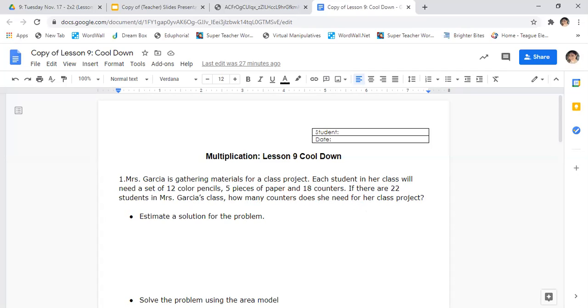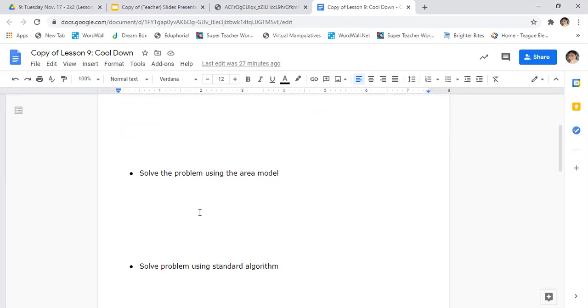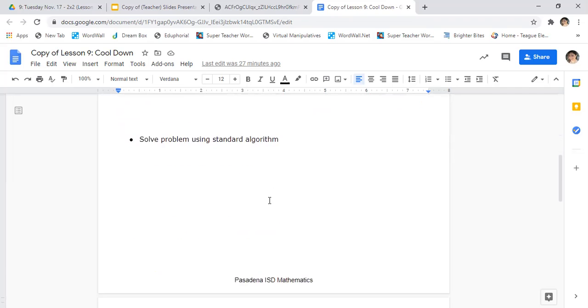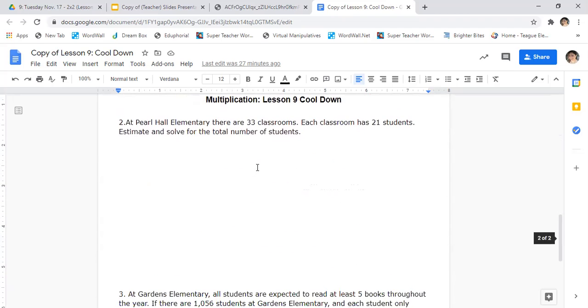They could be little shapes, sometimes teddy bears. So it's talking about the counters. It's asking you to estimate it first. So you have to round the numbers that you're going to analyze and use. Then it says to actually solve it with the area model and do the standard algorithm here on the bottom.